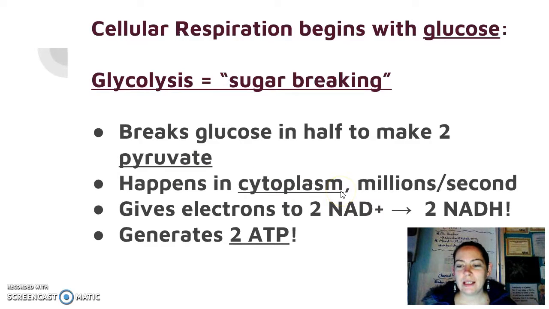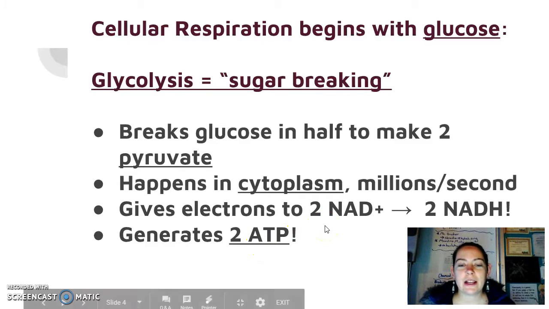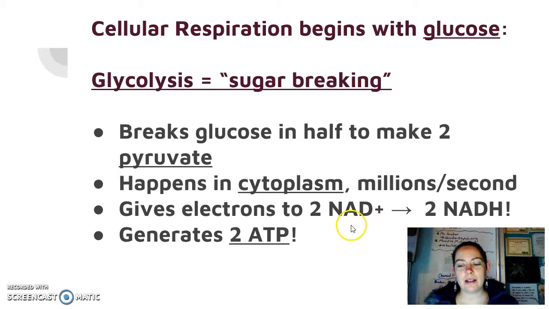And this happens really fast. So this is going on millions of times every second in your cells. And then what comes out besides pyruvate is that 2 ATP is generated. So that's the last little bubble that's going to come off of the glycolysis section. And it also charges up a couple of electron carriers. So the one that we use most in cellular respiration is called NAD.